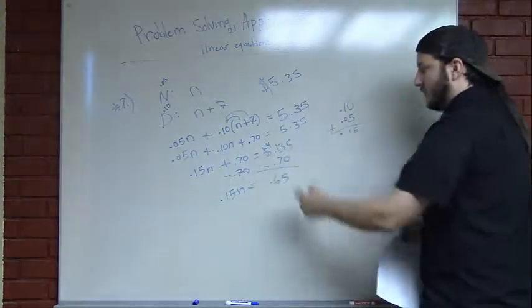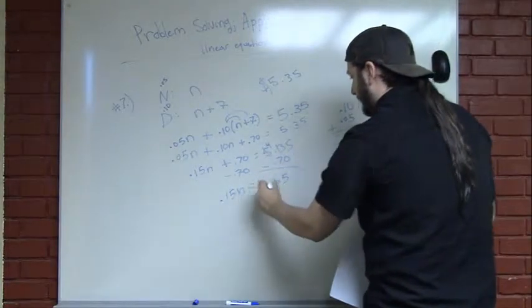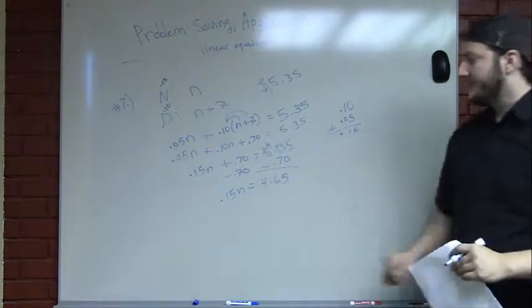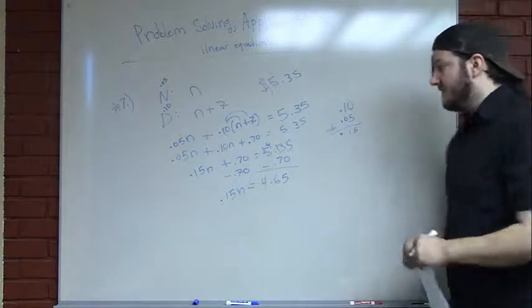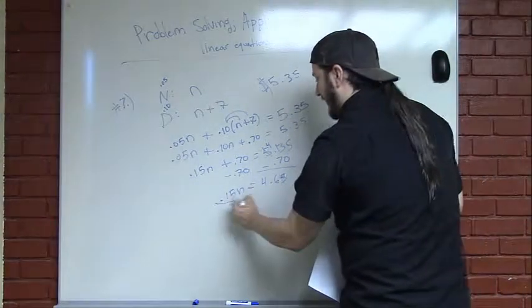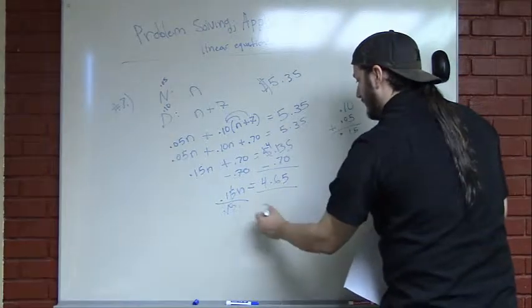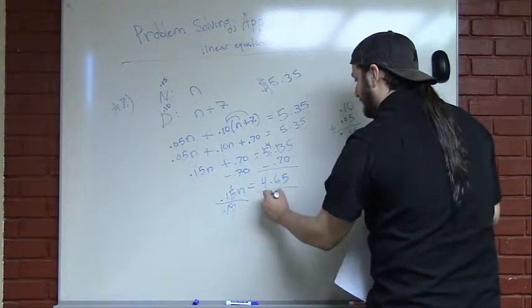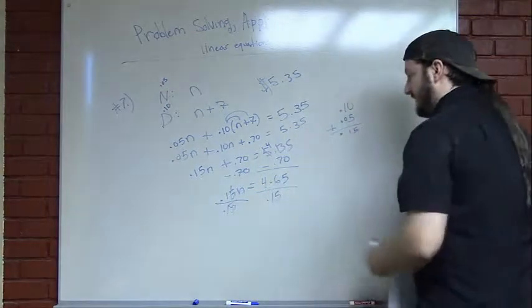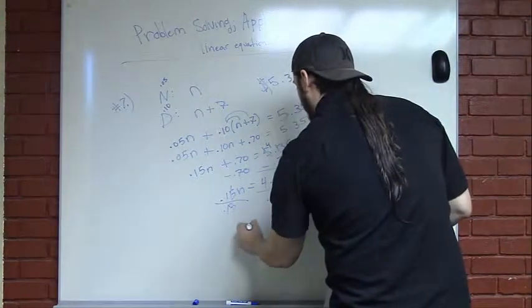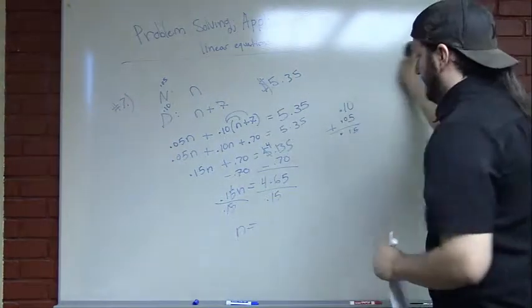You're going to bring down the decimal, and then you just got 4 here, okay? And then divide by 0.15, and that will give you your N.